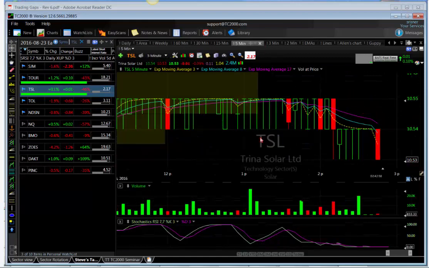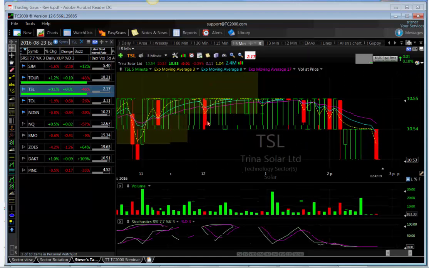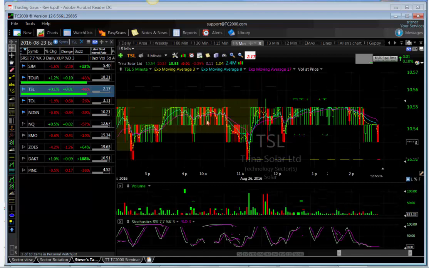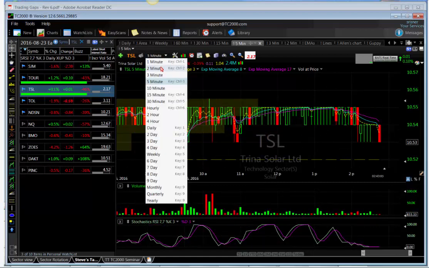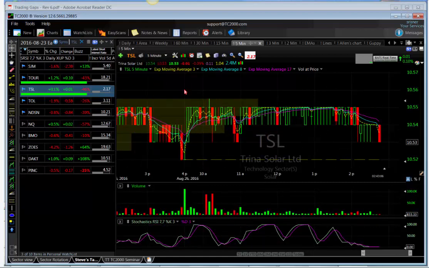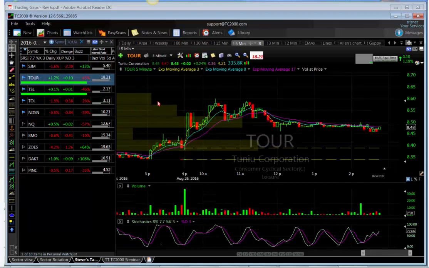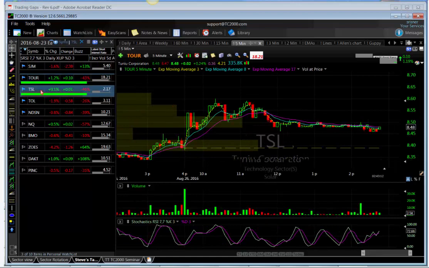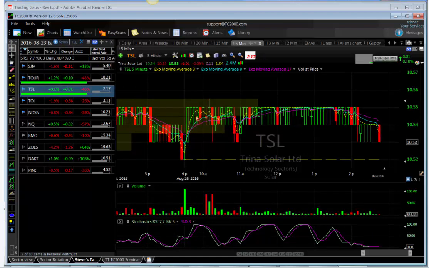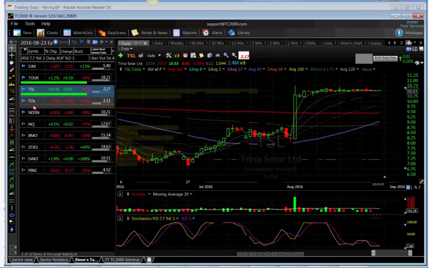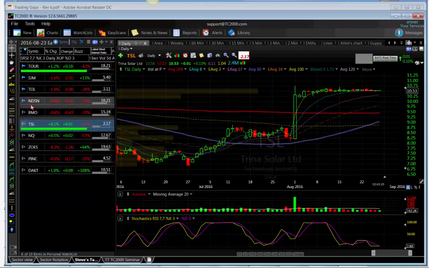Let's go to the 5-minute. Yikes. What happened here? That's not a 5-minute chart, is it? I'm getting something screwy here. Okay. This is weird. Oh, it's only moving a penny, so forget it. Trina Solar shouldn't have been on. It was in the list.